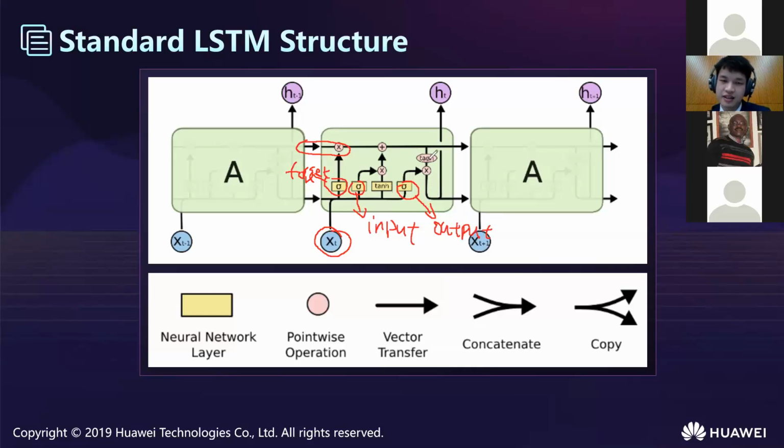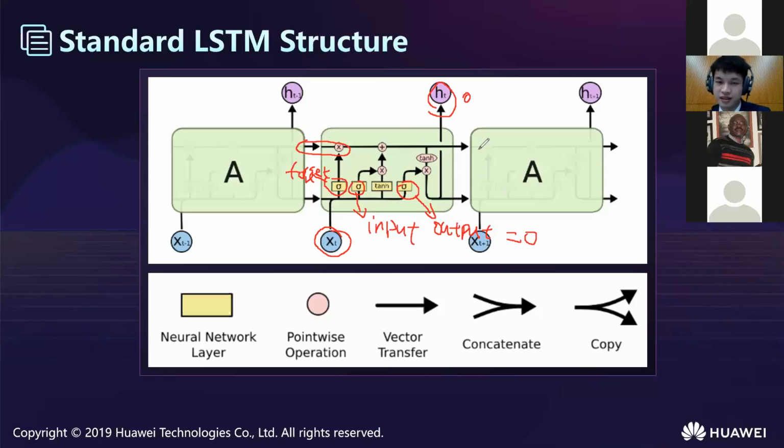It will decide, should we output the value? If the output gate is closed, that means it equals 0, and 0 multiplied by anything will be 0. So the output gate will decide whether we output the value here.